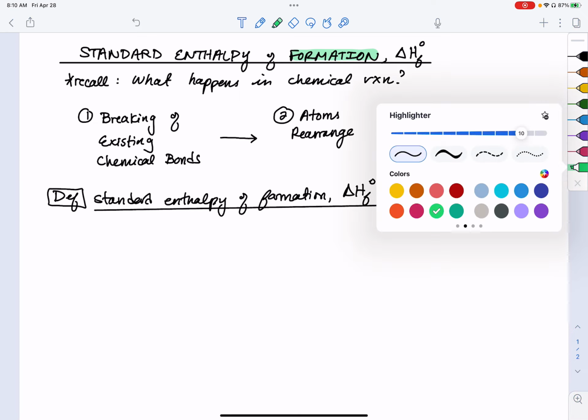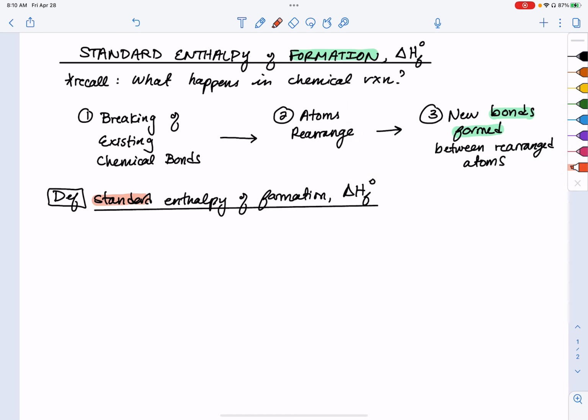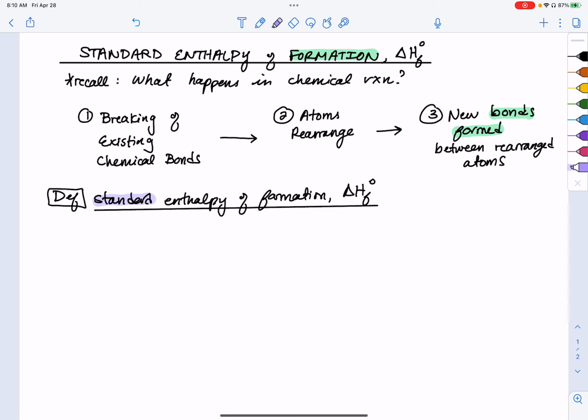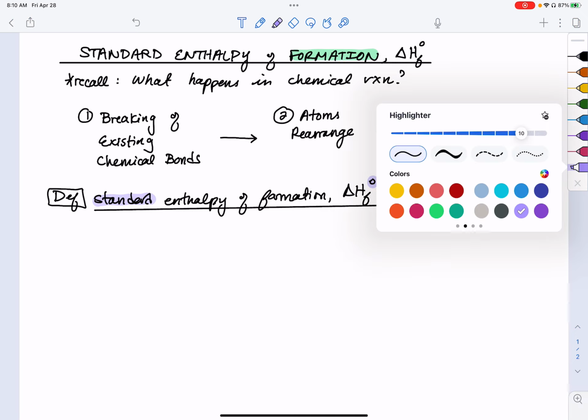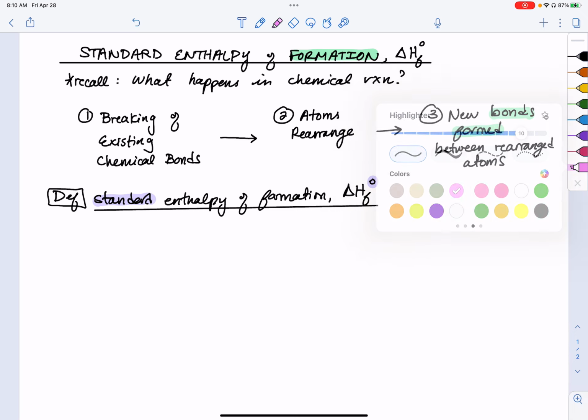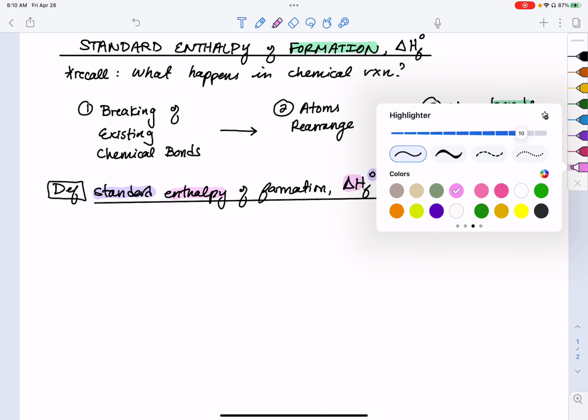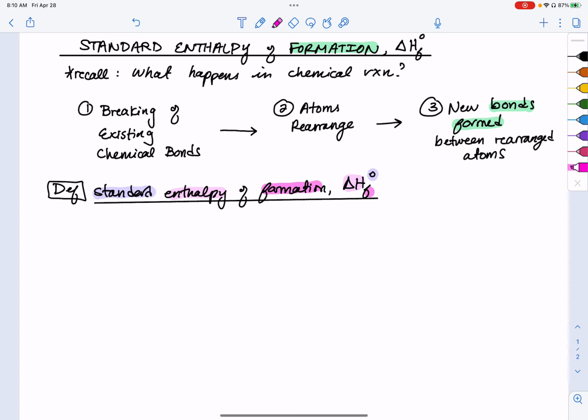So again, we've got standard here with this little naught. We've got enthalpy, here, delta H, and then of formation. That's that subscript F. So standard enthalpy of formation.